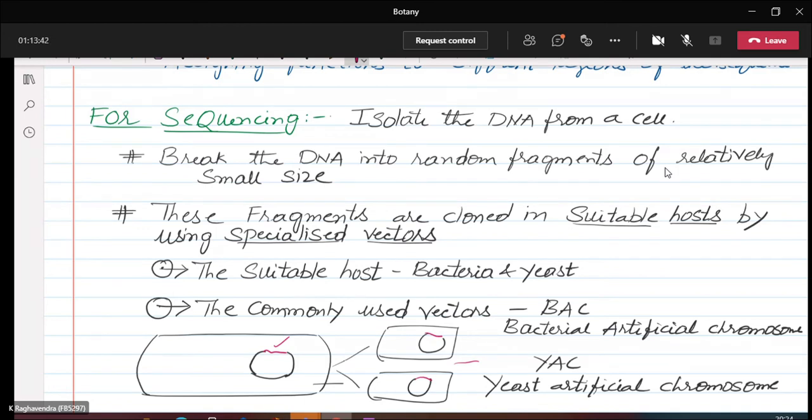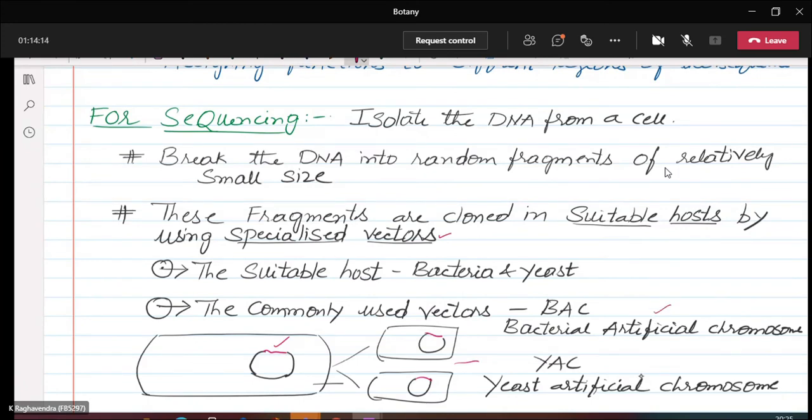What is BAC? Bacterial artificial chromosome. What is YAC? Yeast artificial chromosome. What we do in the case of bacterial artificial chromosome is insert the desired DNA into the bacterial cell, and in the case of yeast artificial chromosome, into the yeast cell. These are vectors.